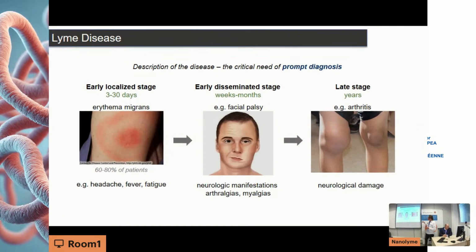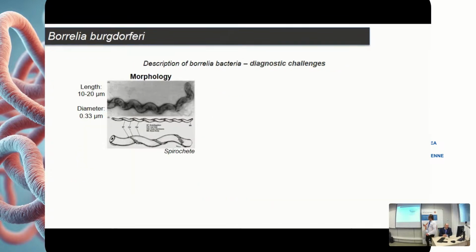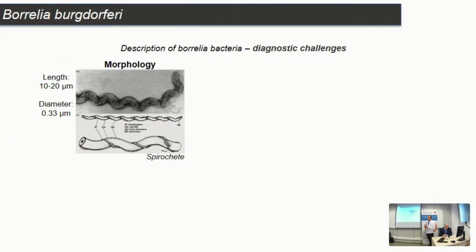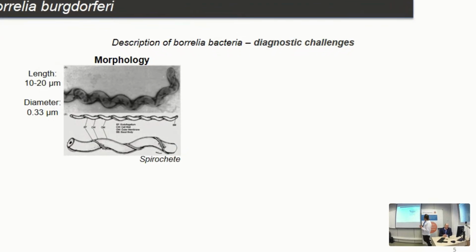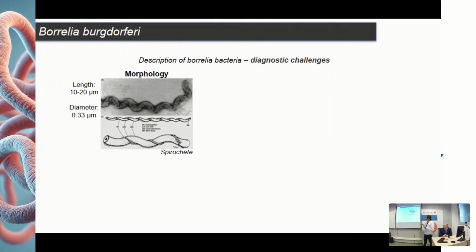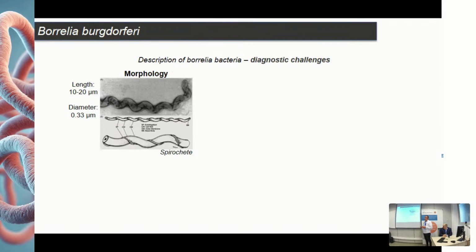The symptoms could be a neurologic manifestation, antalgia, myalgia, or neurological damage. Now, if we look at the bacteria itself, this is a very strange bacteria. This is a snake-shaped bacteria called a spirochete, very small, 10 to 20 microns long and about 0.3 microns wide.